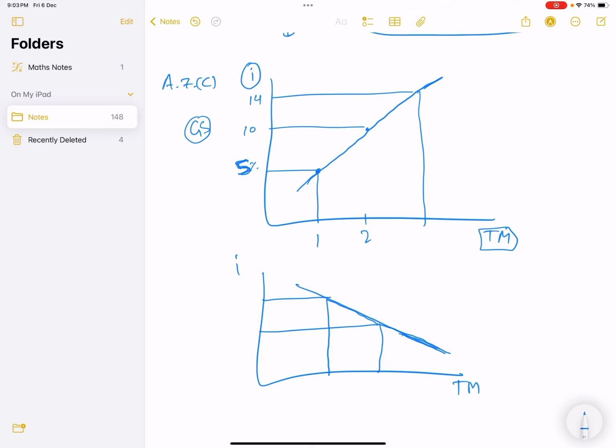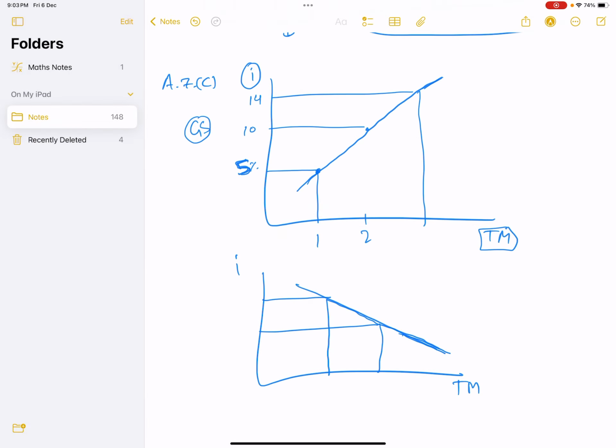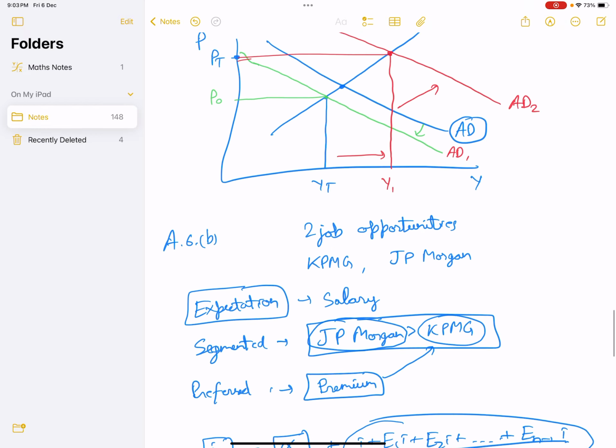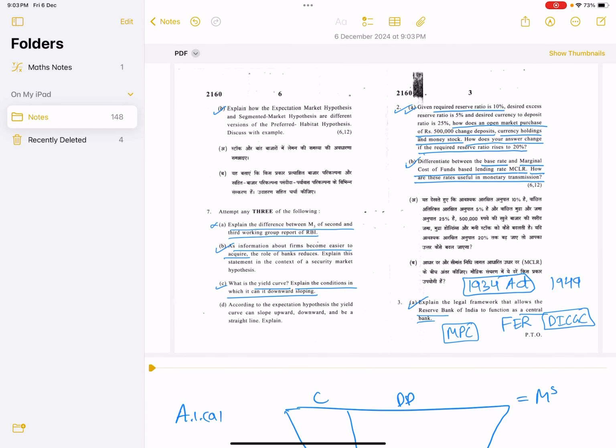So this suggests that you are skeptical about the economic growth of the economy, and there are some recessionary conditions in the economy. So the yield curve can be negatively sloped as well. According to the expectation hypothesis, the yield curve can slope upward, downward and be a straight line.